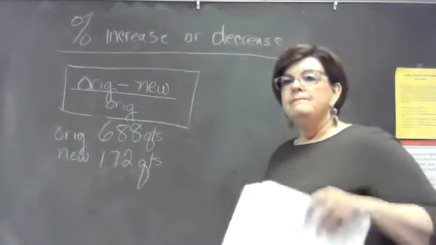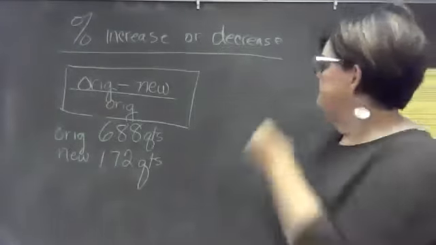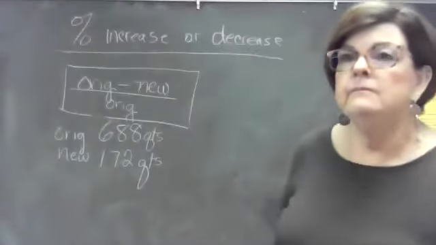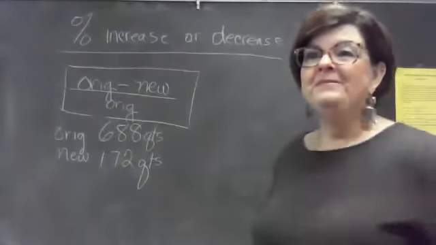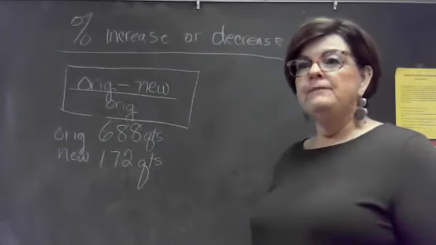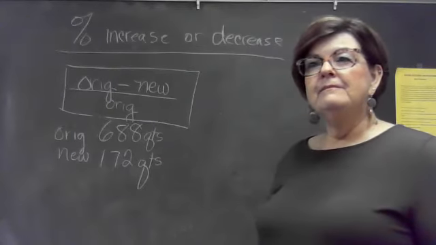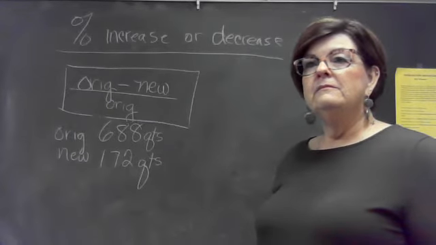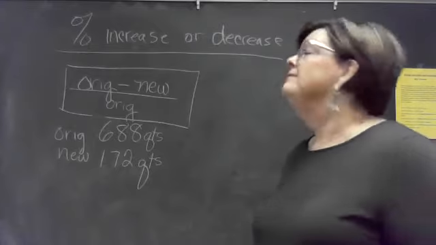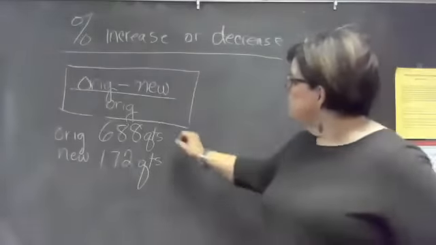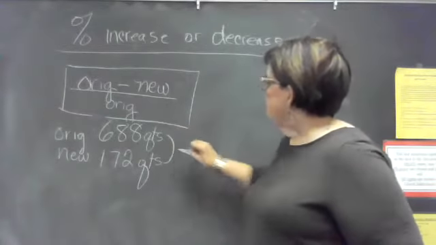Okay. Mary, tell me what to do. Subtract. What would you do to start this out? Subtract 688 from. Yes. She said subtract these two. We're going to subtract them.